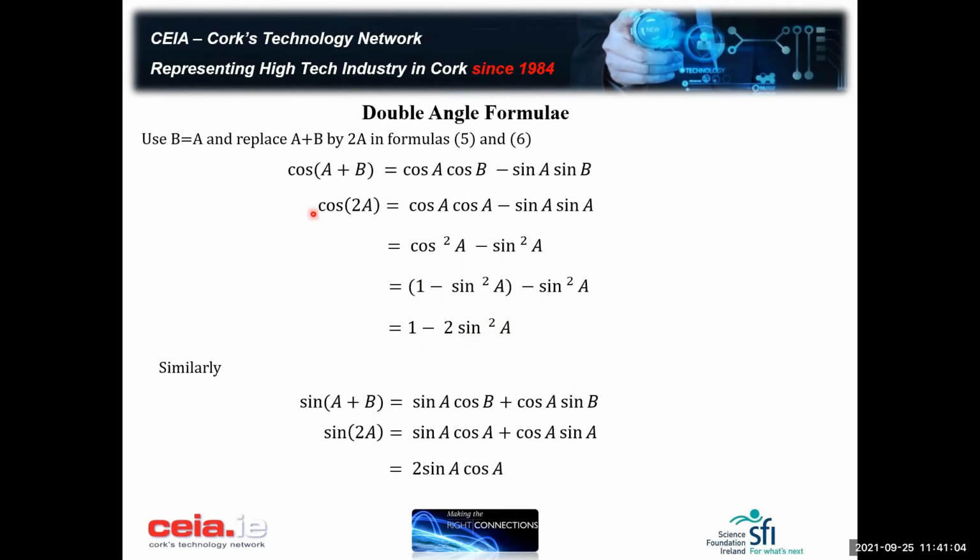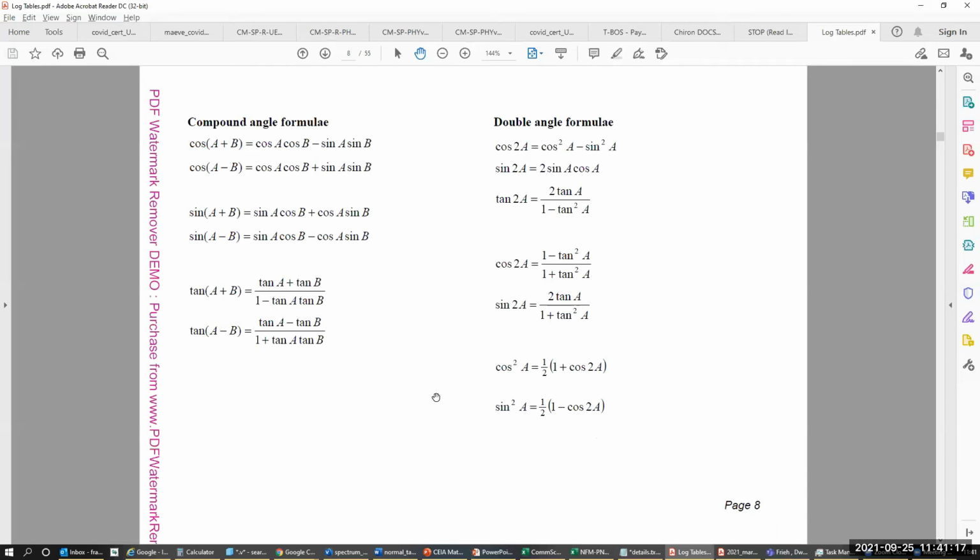So this cos 2A can be expressed in many different forms, and that does get asked in questions of proving that it can be shown in these different forms. In the log tables, it shows you here's one form that we saw. Here's another form.